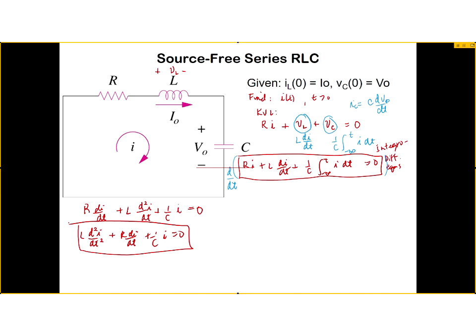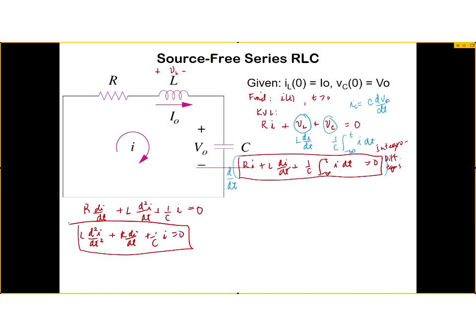So how many of you have not taken differential equations or feel like you have not taken differential equations? Okay, let's look at this equation here. Just focus on what the equation is asking us to find. So we want a function I that's a function of time, right? Such that some linear combination of I with its derivatives, first derivative and its second derivative, always goes to 0 all the time.